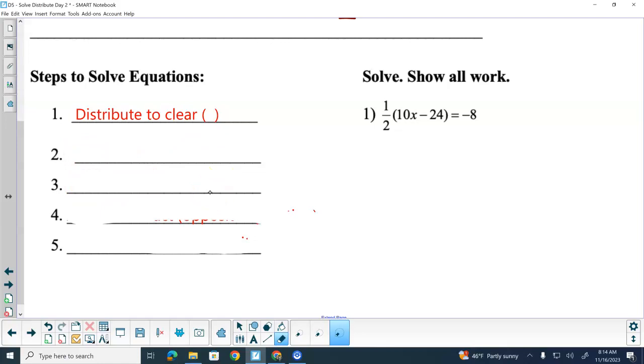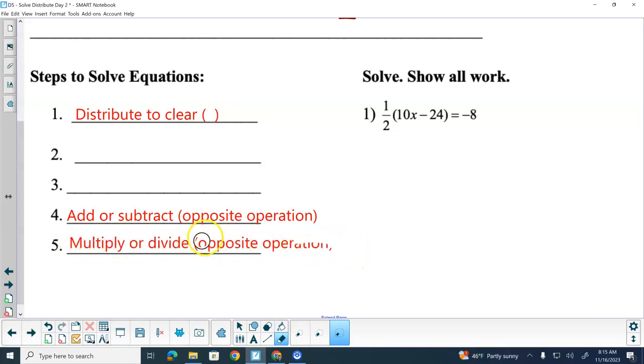Those will all come Monday and Tuesday. Actually, sorry, Monday and Monday. Those will all come. So then our step 4 was we add or subtract using the opposites. And step 5 was we multiply or divide using the opposites. Give me a second to get those written down again.